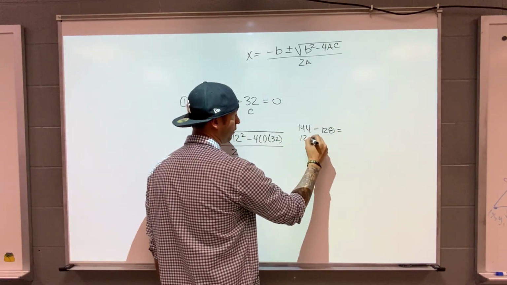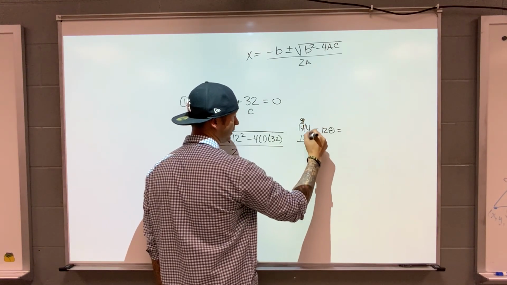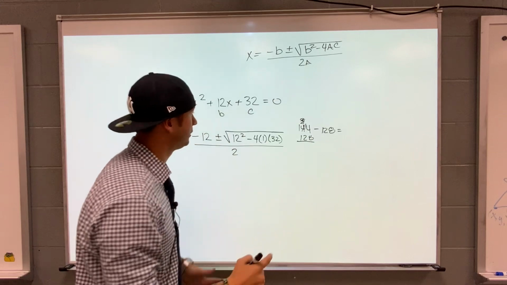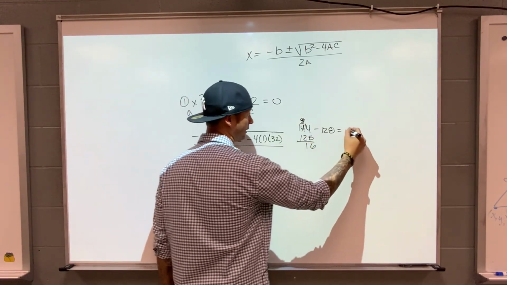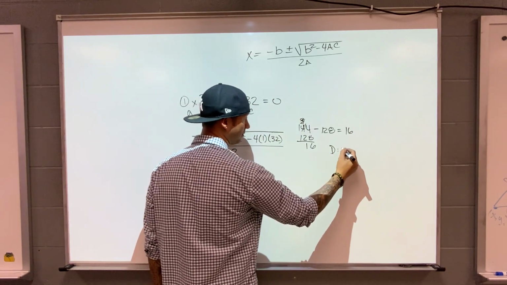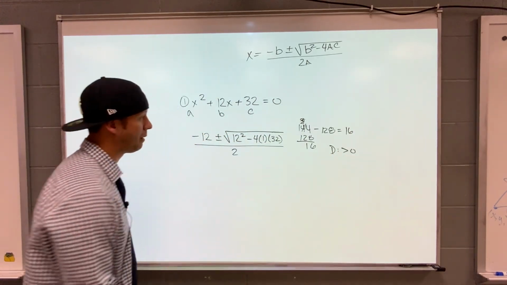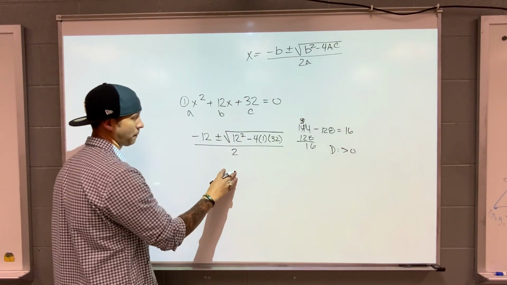So 144 minus 128 is 16. So the discriminant is positive. That means I'm going to have 2 real roots.